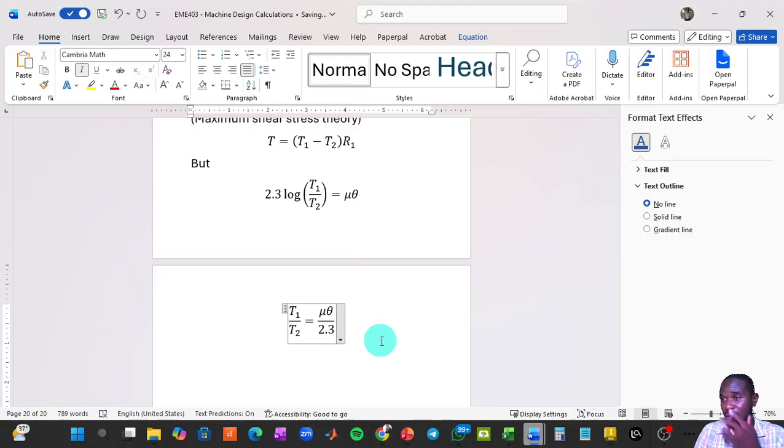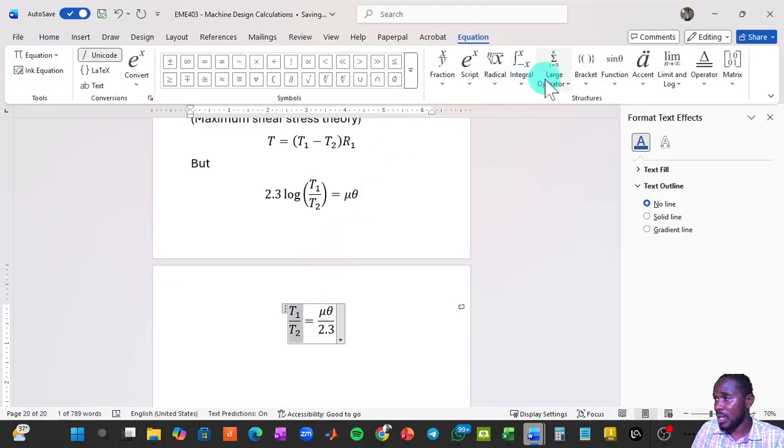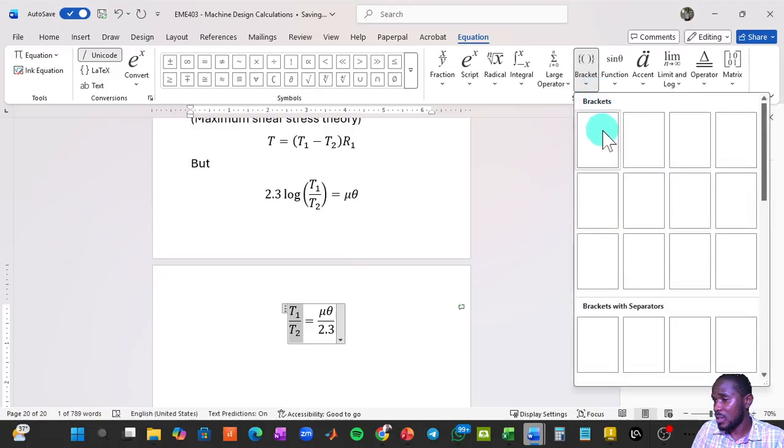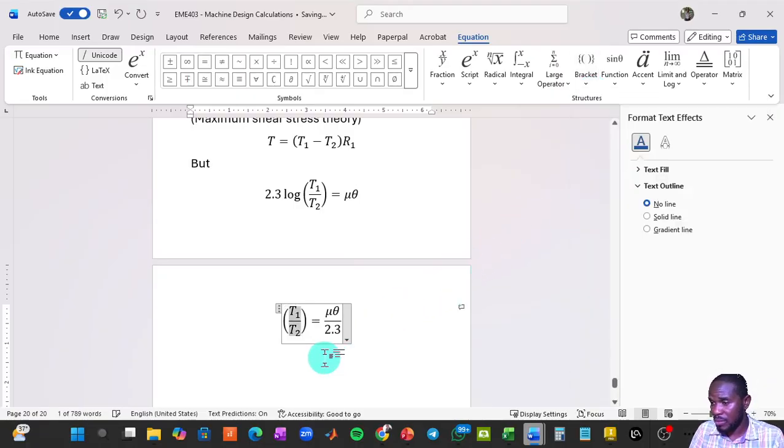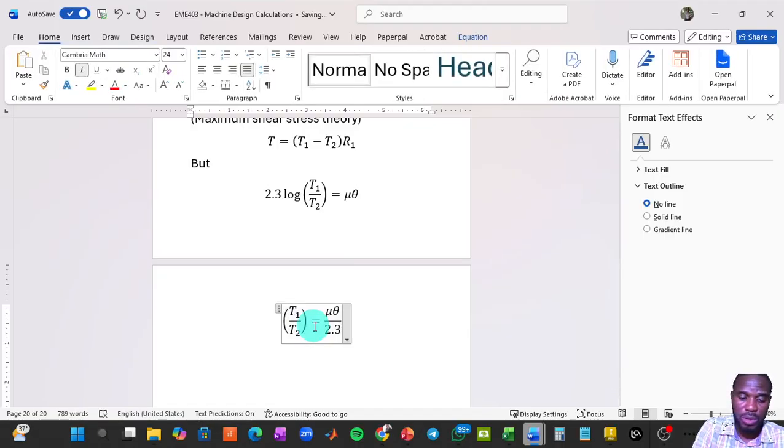That's the log, not just this guy, right? So here we would need to put a bracket around it, and in front of that will be the log of it.